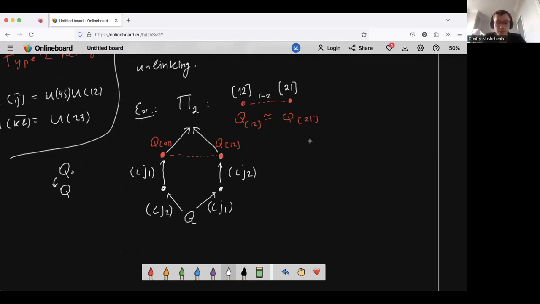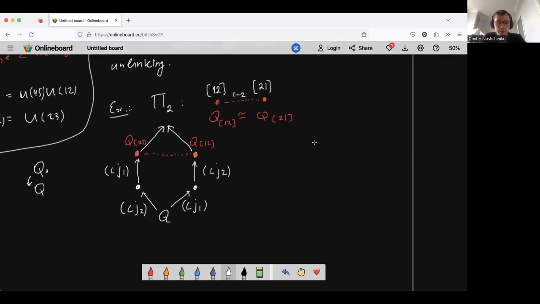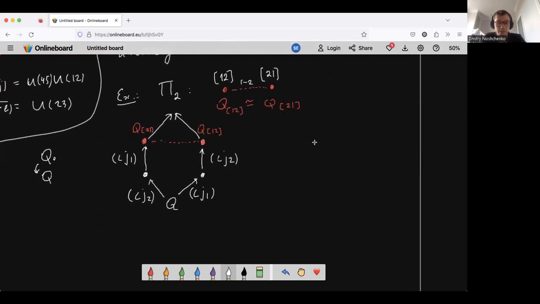But what we can also do is take this iota and just remove it, because iota is still present in these quivers.